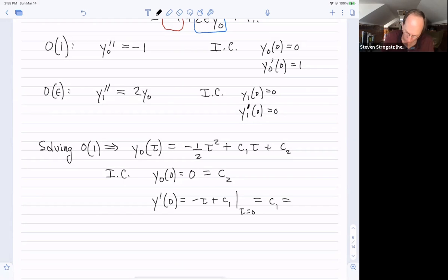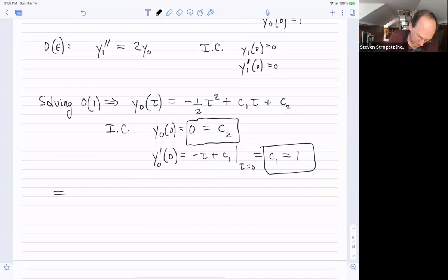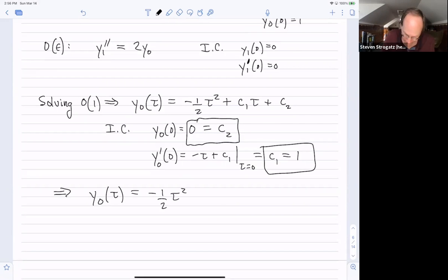And that's supposed to equal, sorry, it's y0 prime at 0. That's supposed to be 1, we said above. So we're getting that C2 is 0 and C1 is 1. And so I've derived that y0 of tau is minus a half tau squared plus tau.